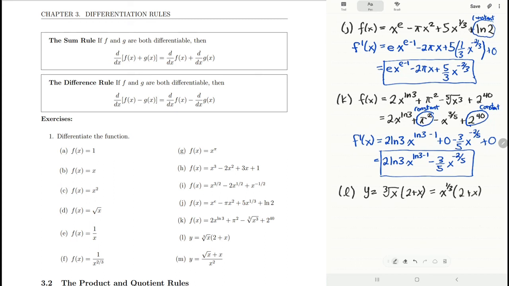And now let's also simplify by distributing the x to the 1/3 through the brackets. So this is 2 times x to the 1/3 plus x to the 1/3 times x is x to the power of 1/3 plus 1, which is 4/3.